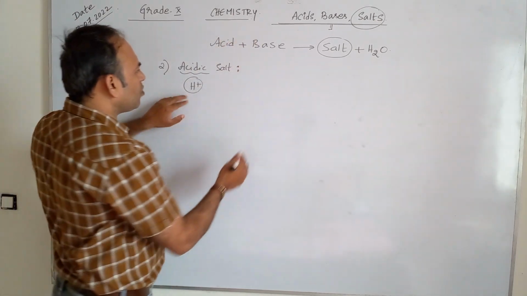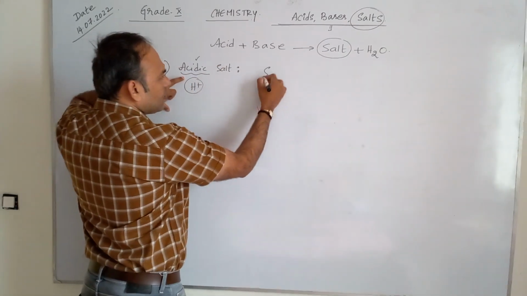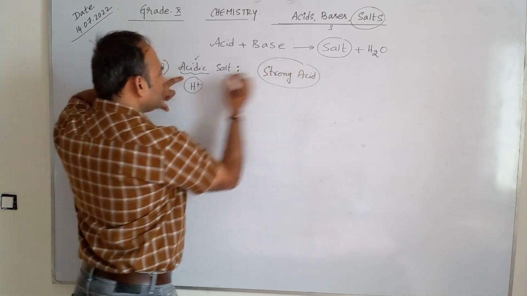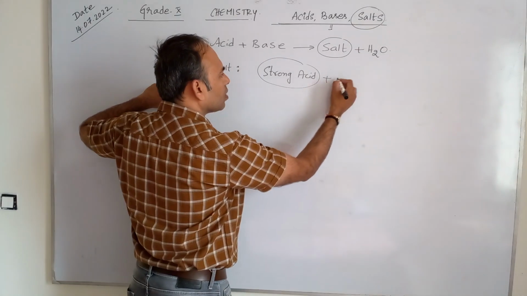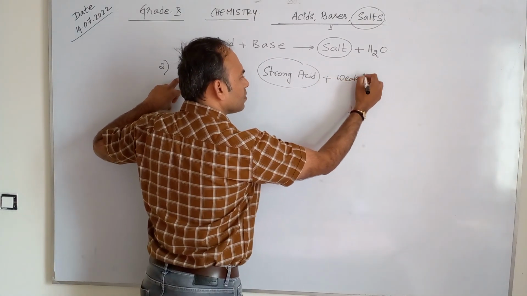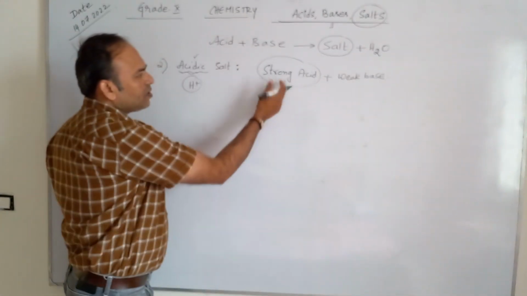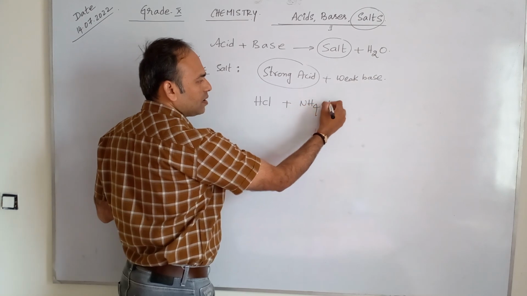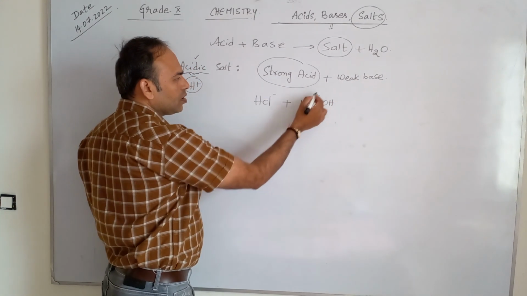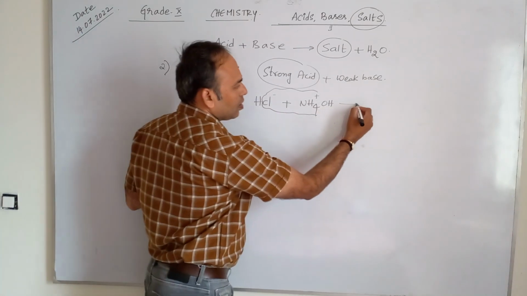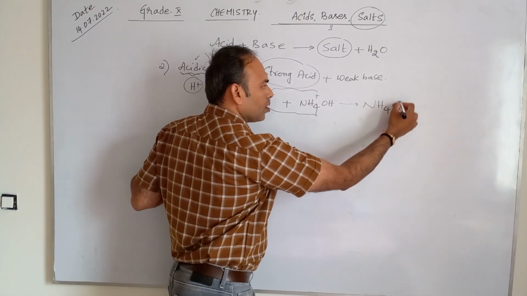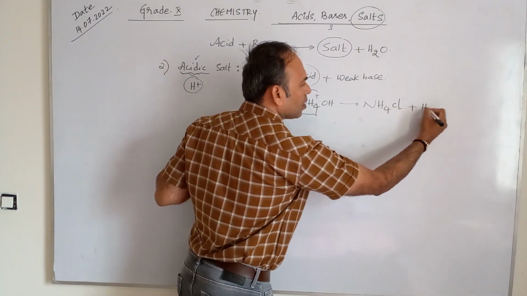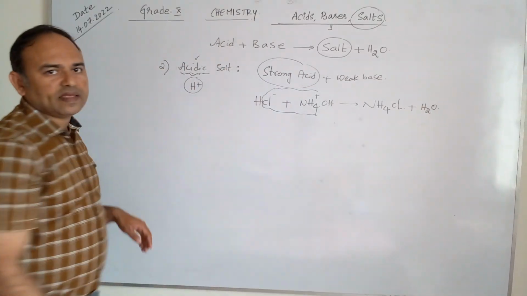Or from this definition what I can take is, acidic means acid will be strong. In an acidic salt, the acid will be strong and the base will be weak. So example, strong acid HCl plus weak base ammonium hydroxide, you take plus and minus. So what will you get? You will get ammonium chloride.